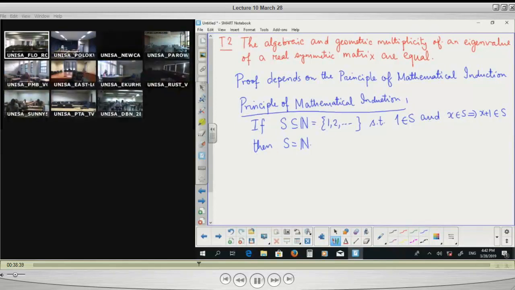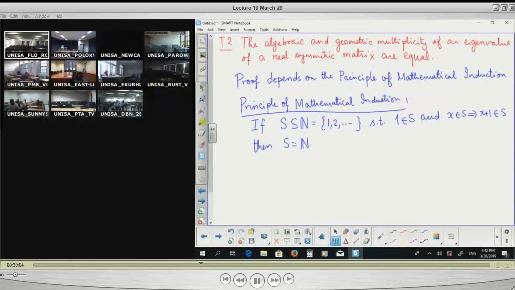But who tells me that it is true for every natural number? See, doing it for very large natural numbers doesn't actually tell you that it will hold. Who tells you that there is not a natural number even after that for which it fails? Okay?